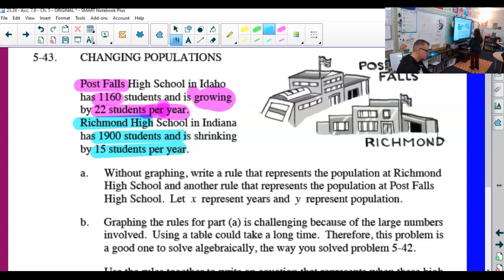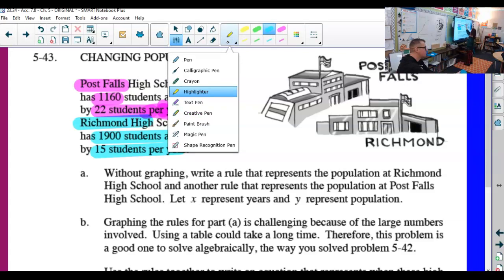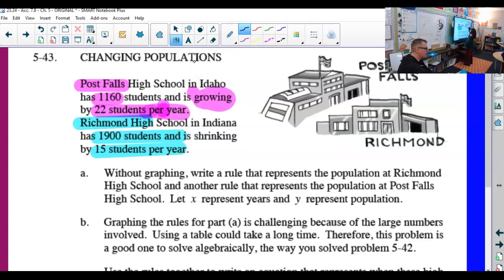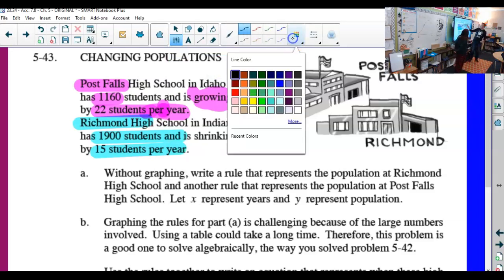Let X represent years and Y represent population. You could use Y for population. I want to teach you something you don't learn until high school, but I think you'll appreciate knowing it. Instead of using B for bunny, C for cat, we set up function notation.